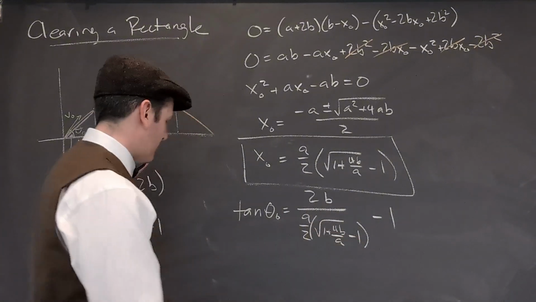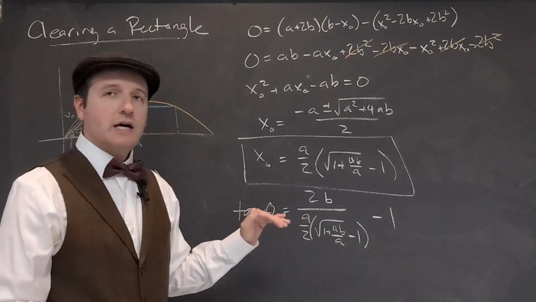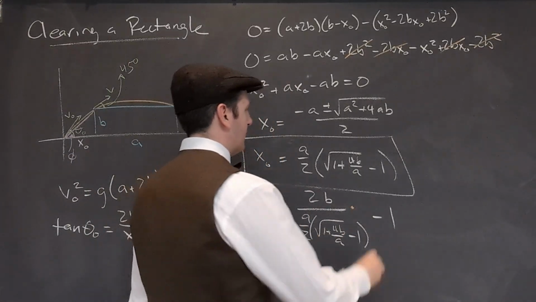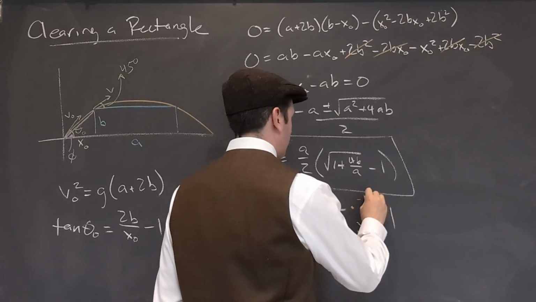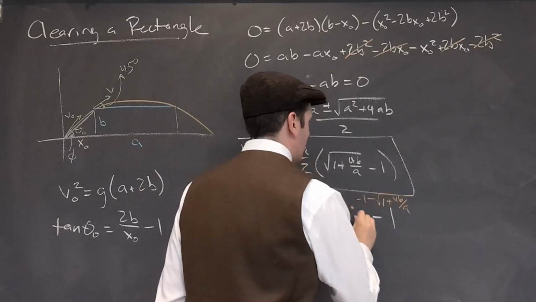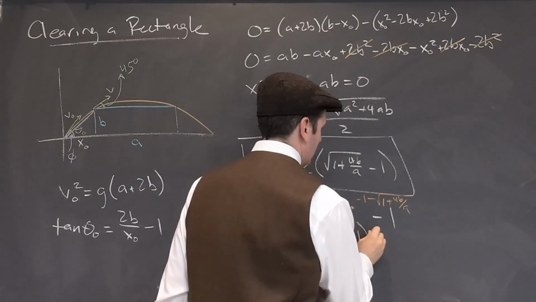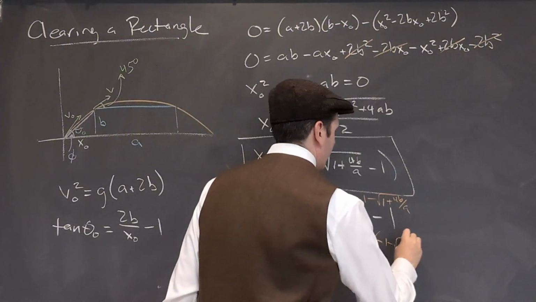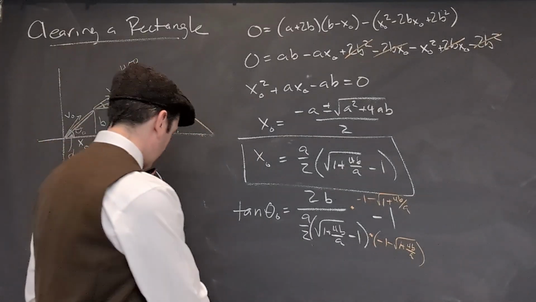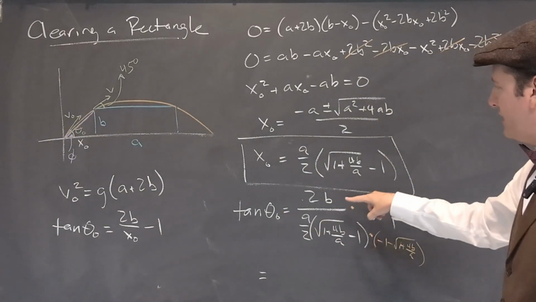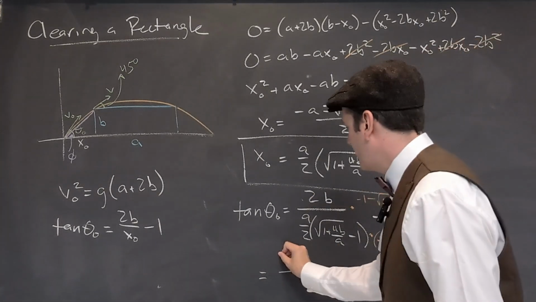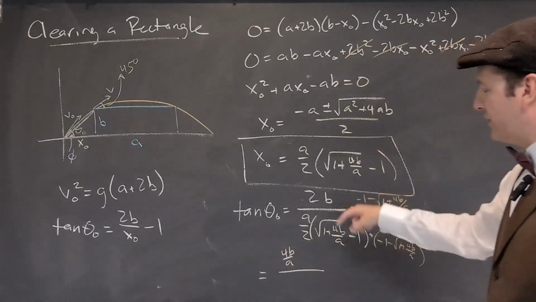If we multiply this first term on the numerator and denominator by the radical conjugate, so I'm going to multiply the numerator by negative 1 minus the square root, and the denominator by the same thing, we'll see that things will clean up a little bit. When I multiply the denominator out, first of all, I'll pull this fraction up here. I'll just write this as 4b over a in the numerator.